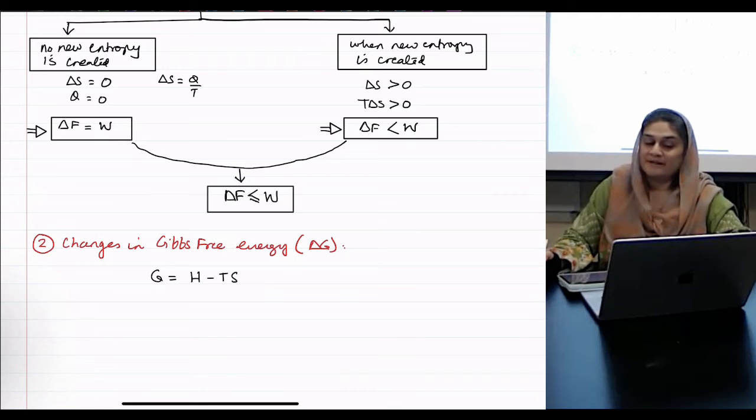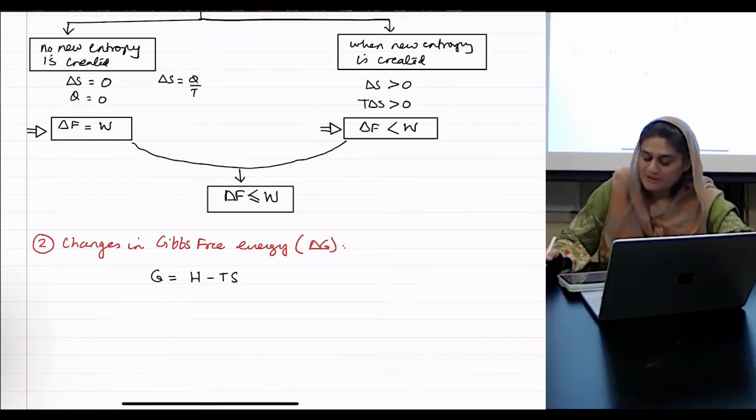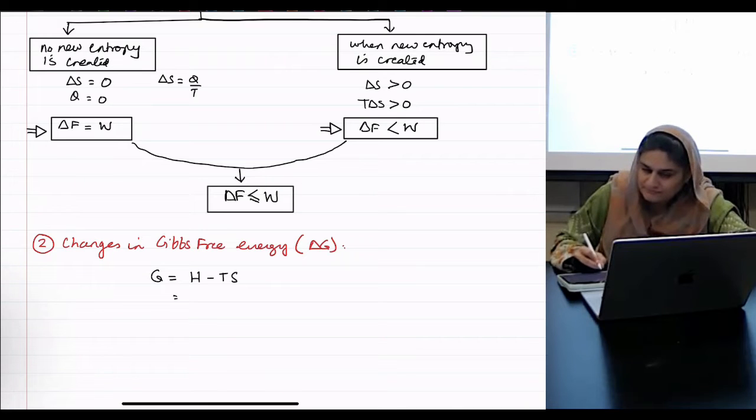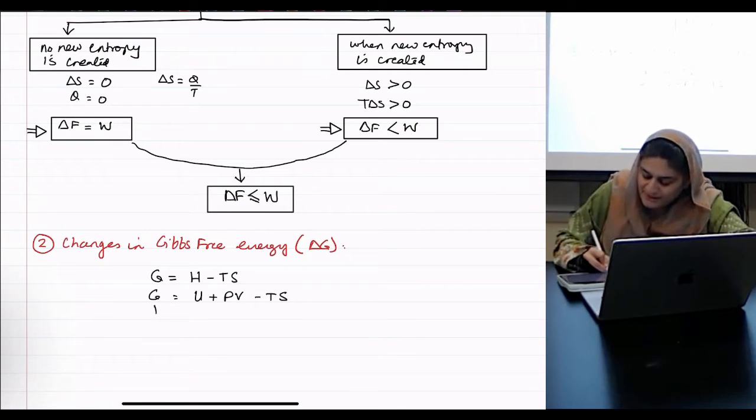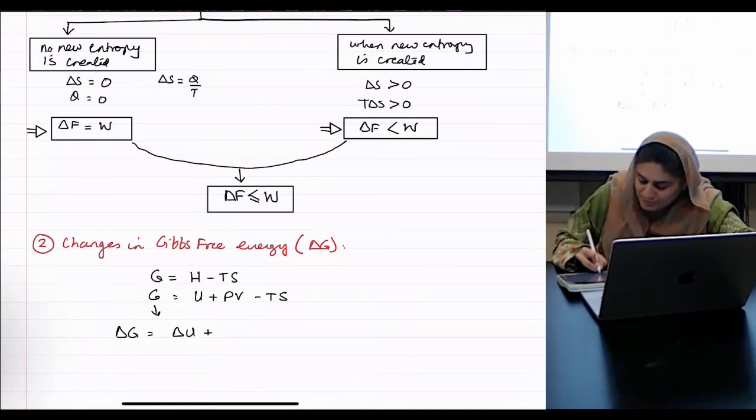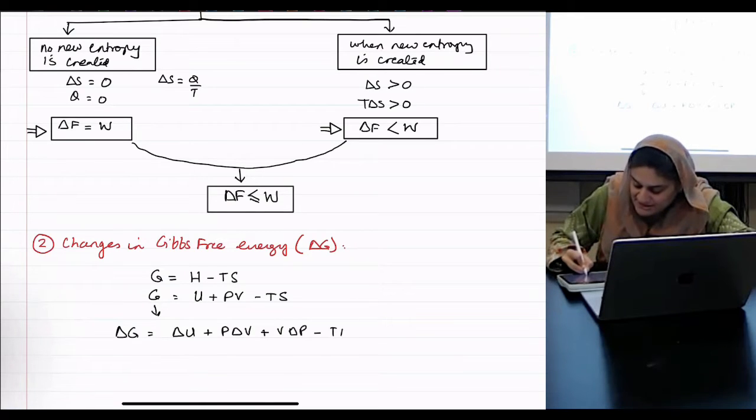Is that how we defined it? And what was H? Then may I write delta G as delta U plus P delta V plus V delta P minus T delta S minus S delta T.